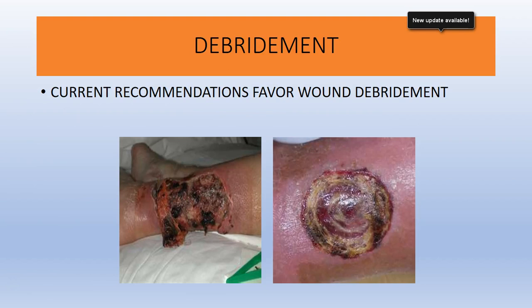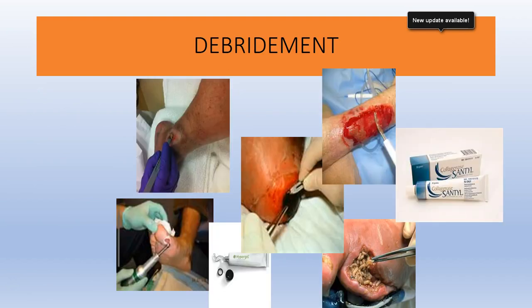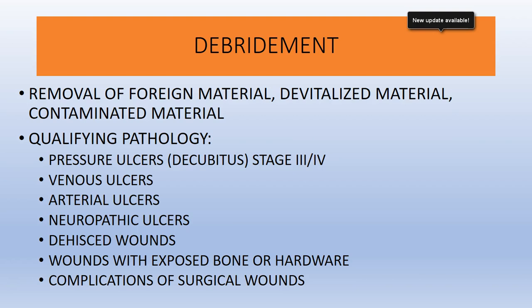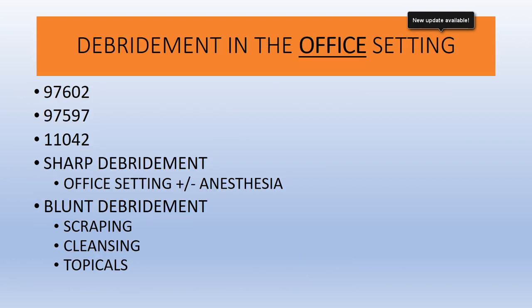Most wound care recommendations include debridement, and there are many different ways to perform wound debridement. Debridement is by definition the removal of foreign or devitalized or contaminated material from the wound. This is generally considered appropriate in qualifying chronic wounds that are listed here that satisfy Medicare requirements for debridement.